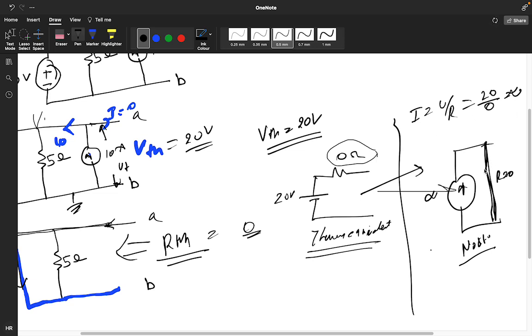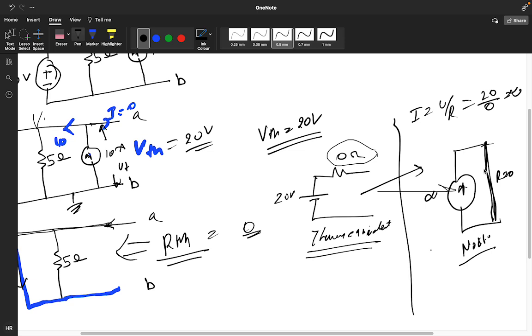This is your irrelevant circuit. So the Norton equivalent will not be developed in this circuit.